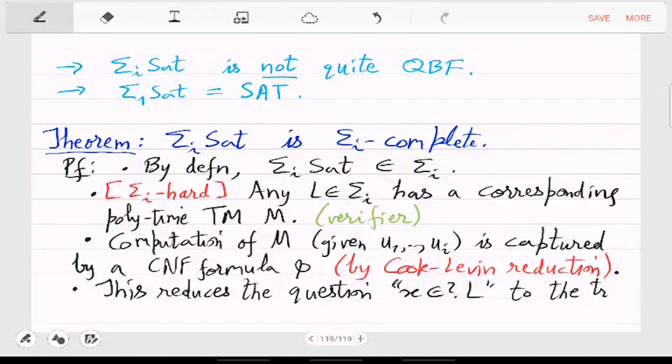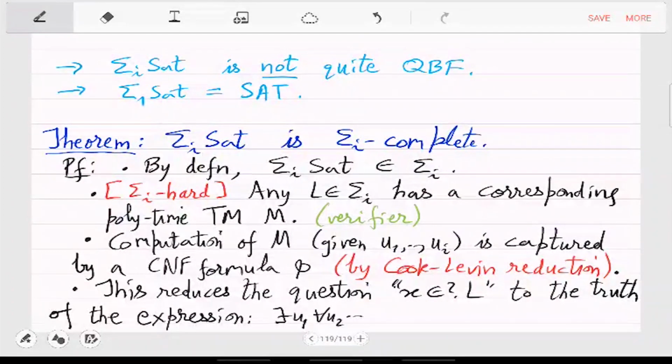To the truth of the expression: there exists U1 for all U2 dot dot QI UI, phi of X, U1 dot dot UI, right?